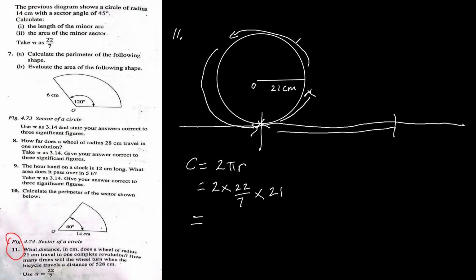How many times will the circle turn when the bicycle travels a distance of 528 centimeters? So we know one revolution is equal to what?